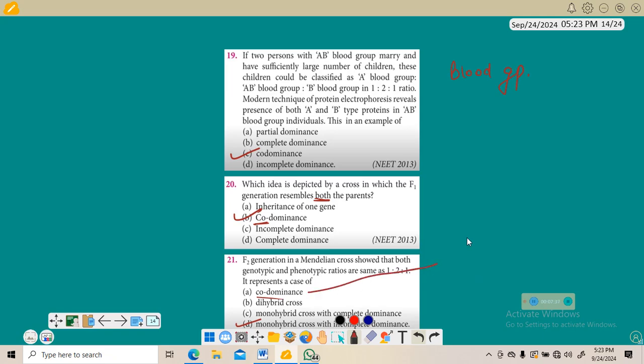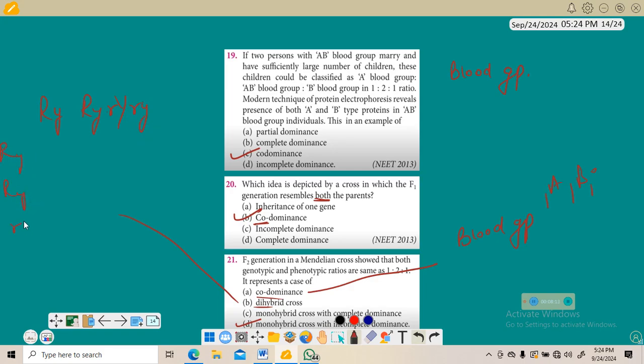In codominance, it's about blood grouping, like IA, IB, i. If we talk about a dihybrid cross, it's like capital RR, capital YY, so in a dihybrid cross we talk about capital RY, then small ry, like this.